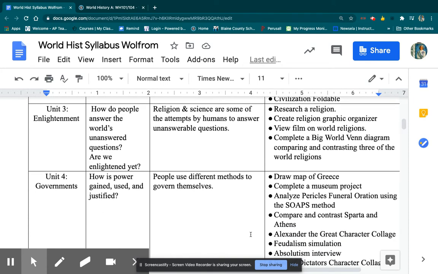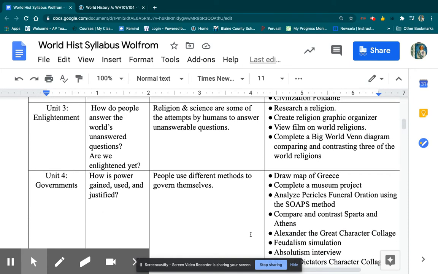Our third unit is called Enlightenment, exploring religion and science and world religions, and how did we get to some answers of some of the world's most unanswerable questions, those things that humans have been thinking about for eons, and the creative ways that they have come up with answers, often in the form of religion.